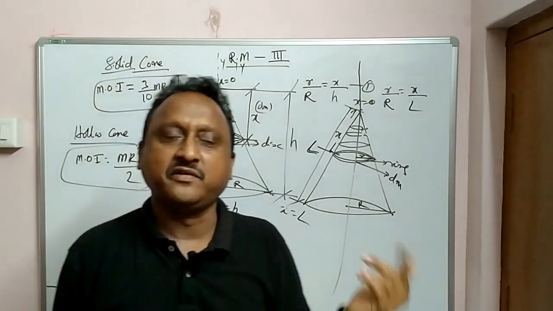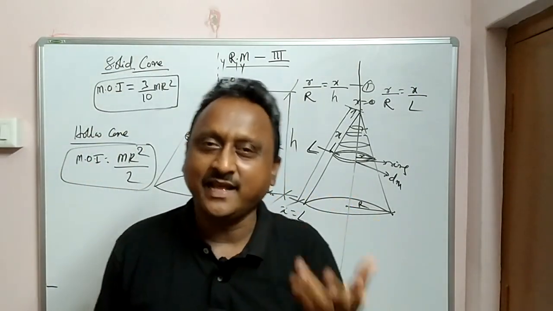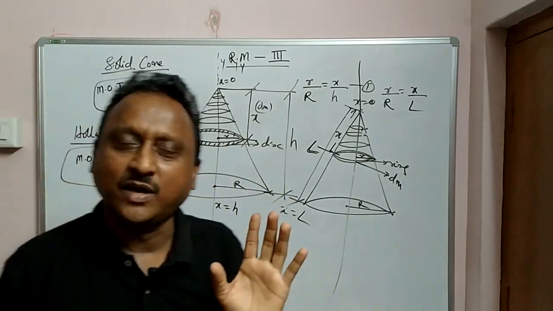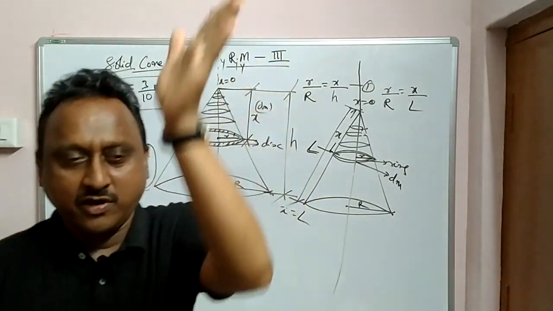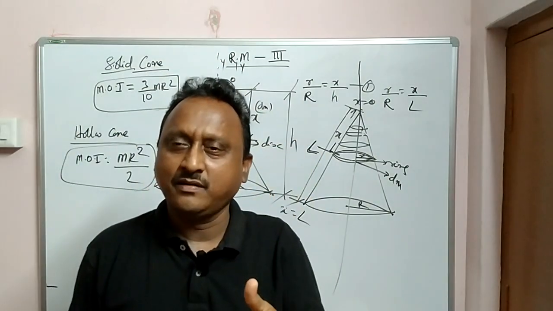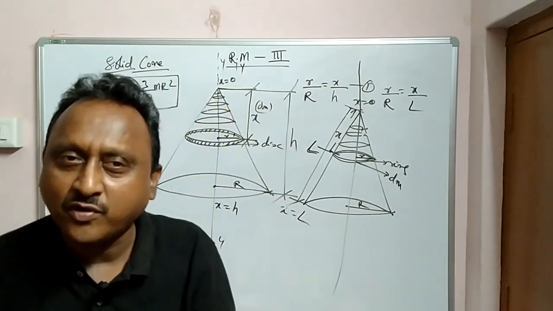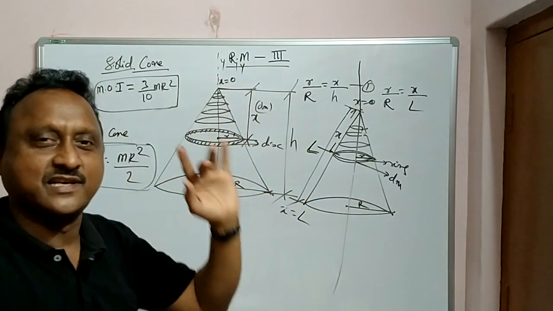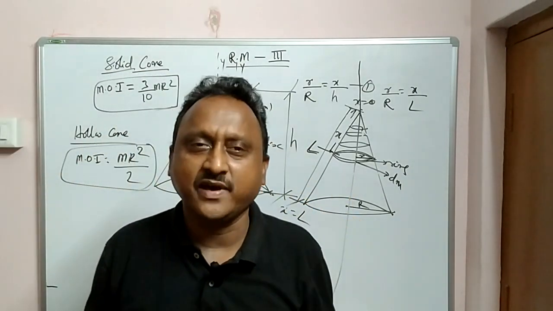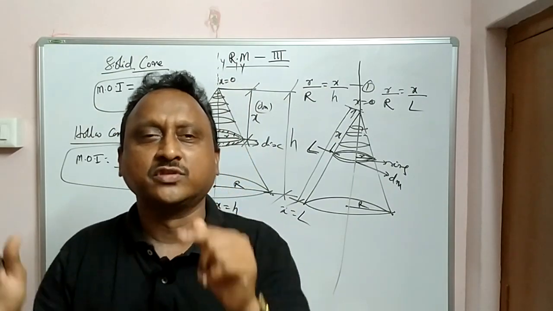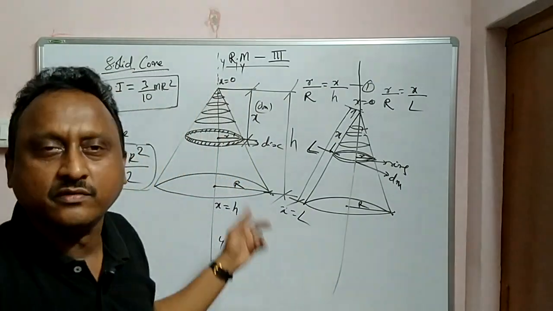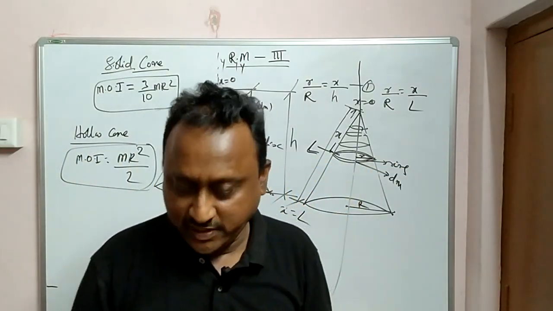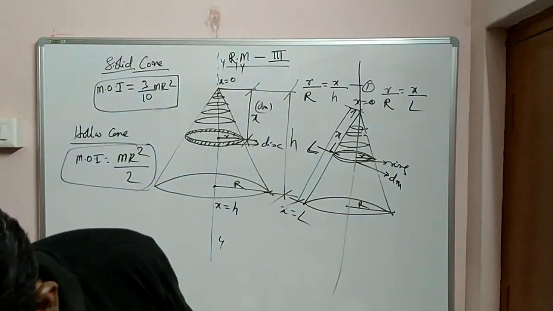And after that, you have discussed solid cylinder: about an axis equivalent to disc, mr square by 2. About length, mr square by 12, plus about diameter, mr square by 4. Okay? So cylinder అయిపోయిన తర్వాత మళ్ళీ sphere discuss చేయాలి. Solid sphere 2 by 5 mr square, hollow sphere 2/3 mr square, solid cone 3 by 10 mr square, hollow cone mr square by 2. So these are very, very important regarding examination.